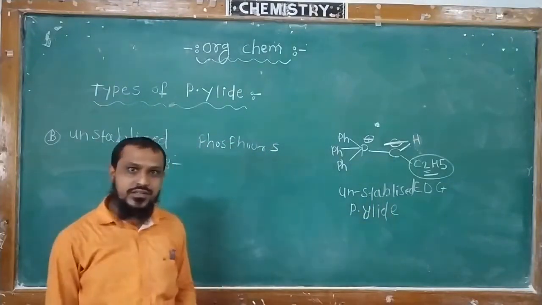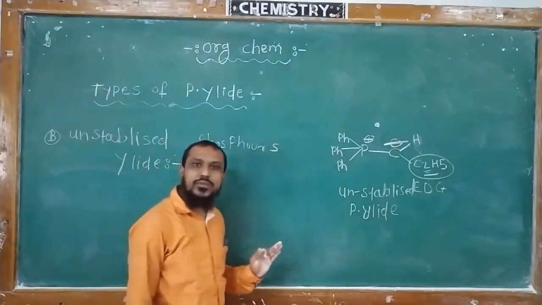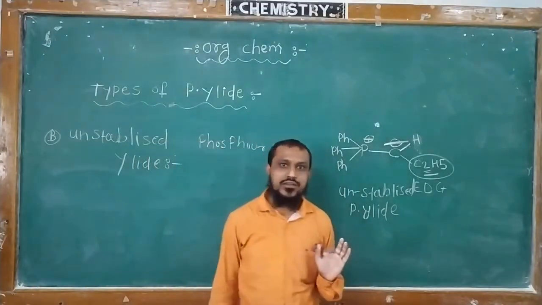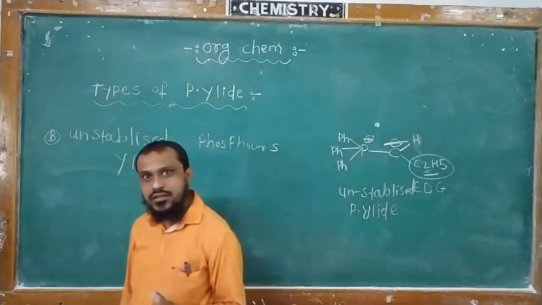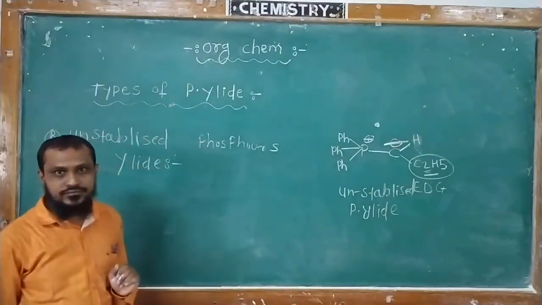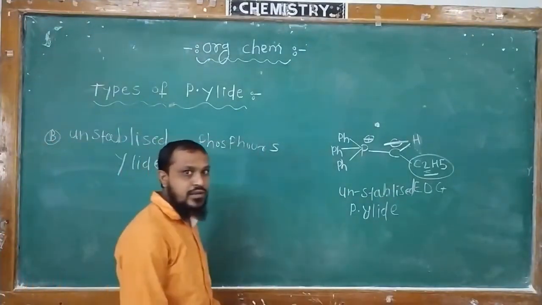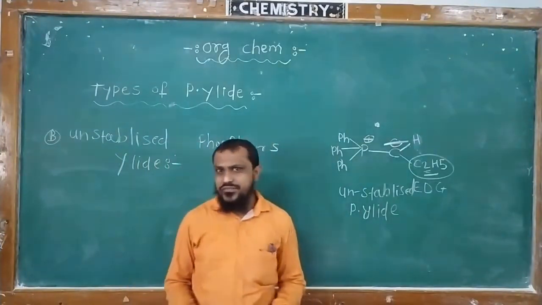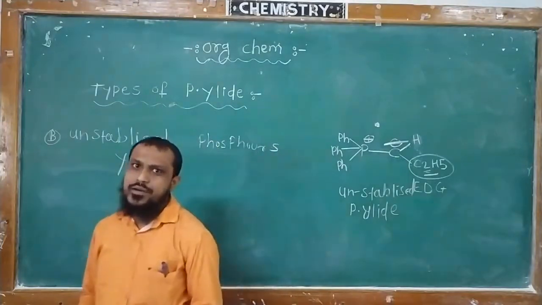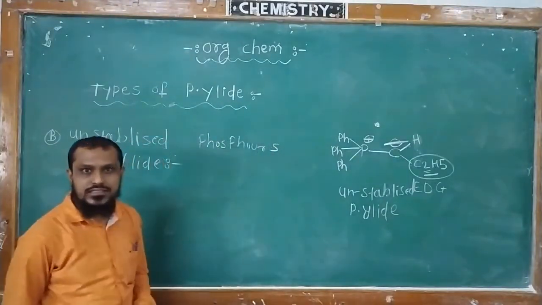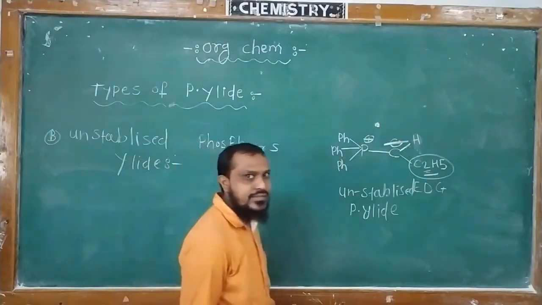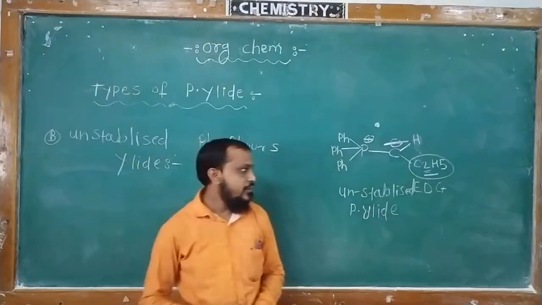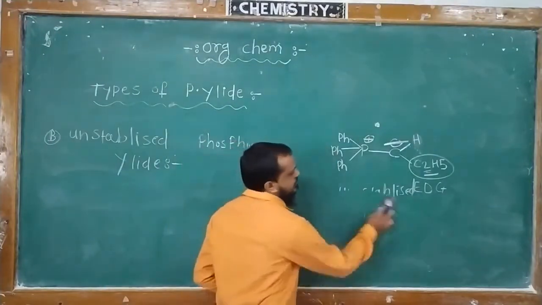This is the definition and simple explanation of unstabilized phosphorus ylide, and this is the answer to our first question. Now the second question will be in your mind: how to prepare it? So simply we know that phosphorus ylides are prepared in two steps. The first one is formation of salt, and the second one is formation of the final product. We will see here.